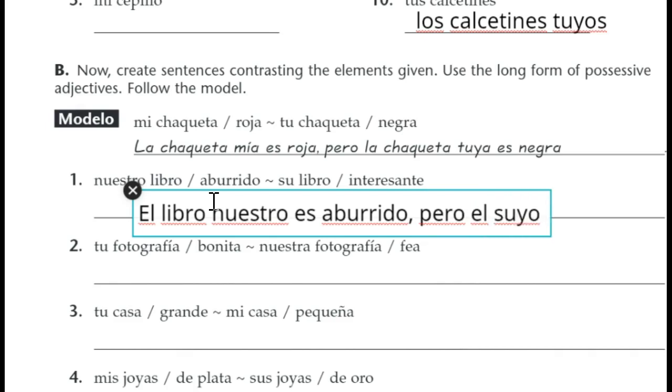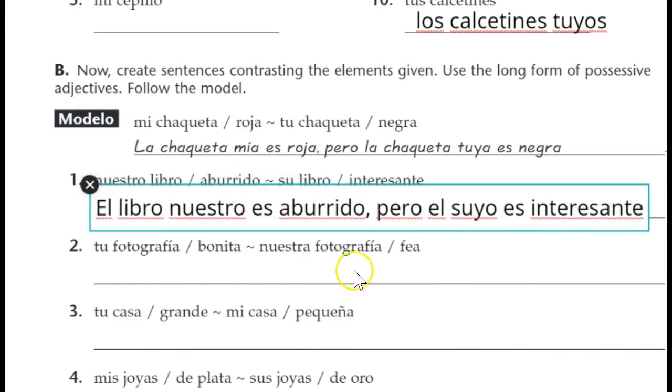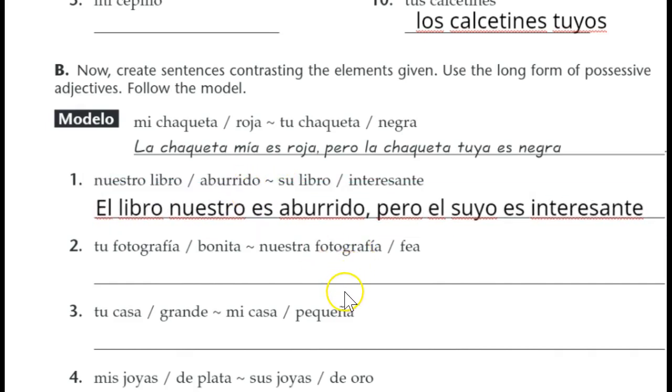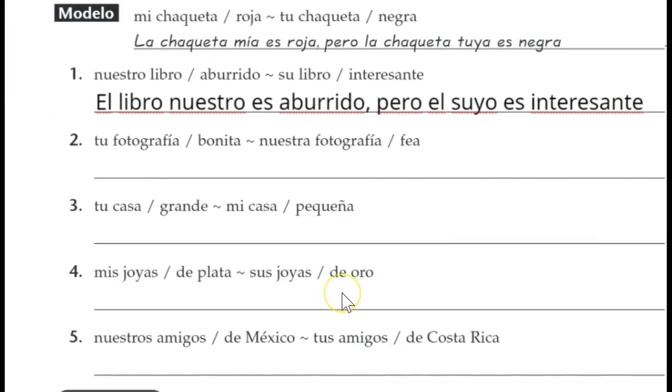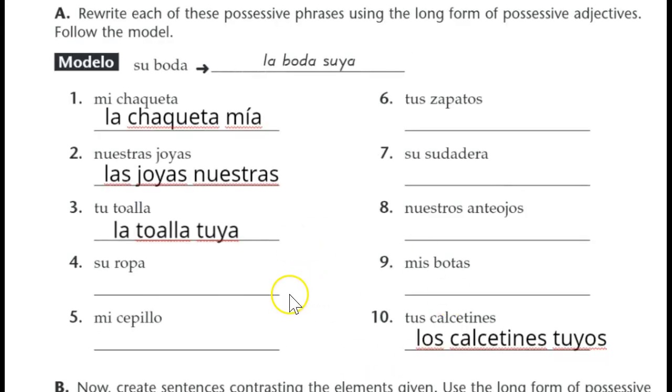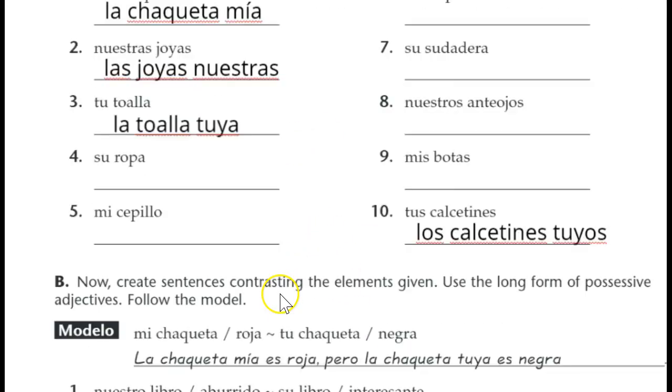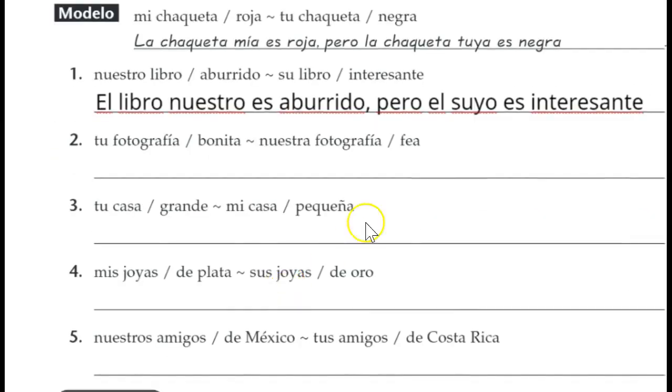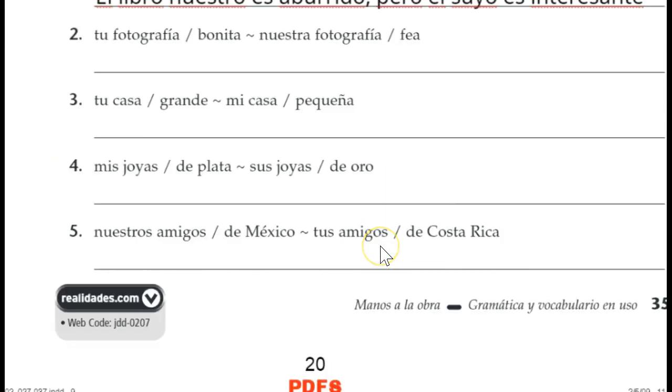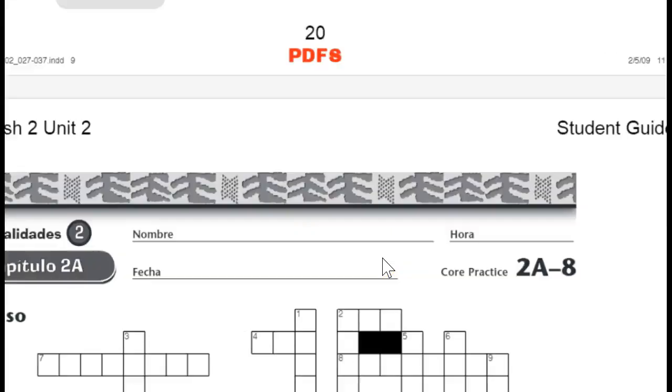Now, again, I could say el libro suyo, but I'm not going to do that. El suyo es interesante. I'm not going to put libro again because it's understood in the sentence. And that's all you have to do. It's very simple. It's very similar to what you just did up here, and you're just writing a little more. And that's it for 2A.